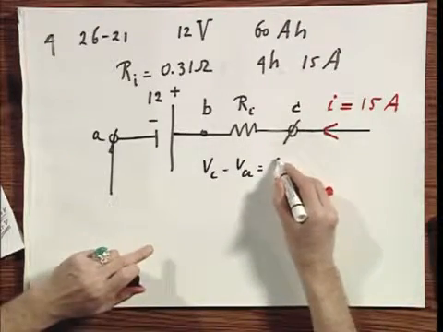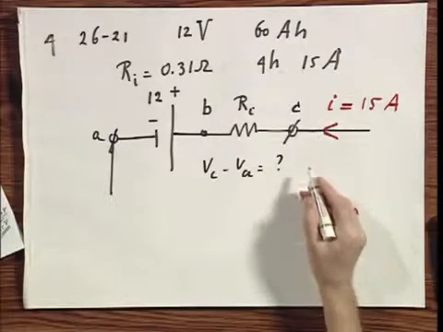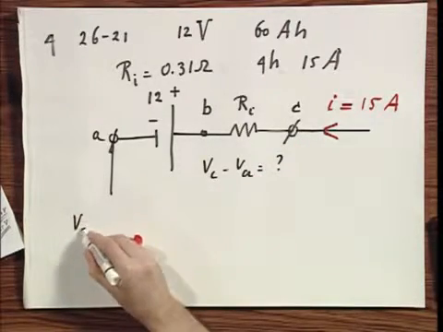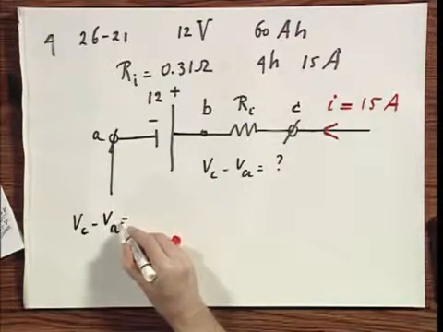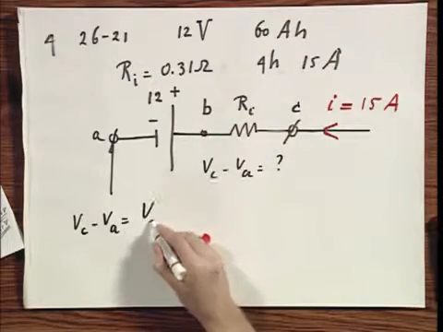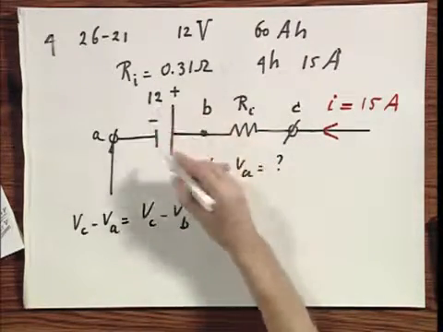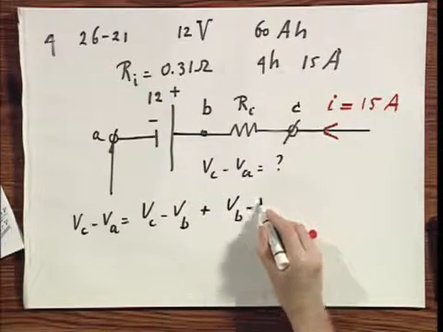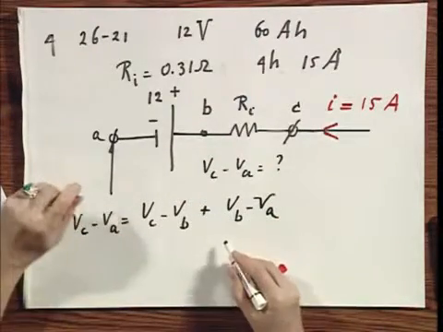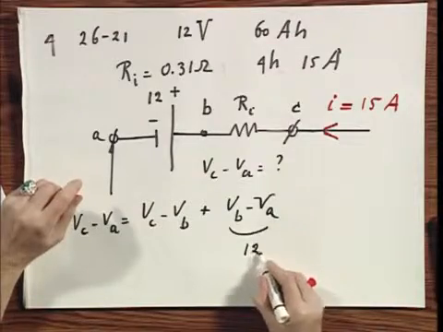So while I'm charging, what is this potential difference? Well, Vc minus Va is Vc minus Vb plus Vb minus Va. But this is 12 volts.